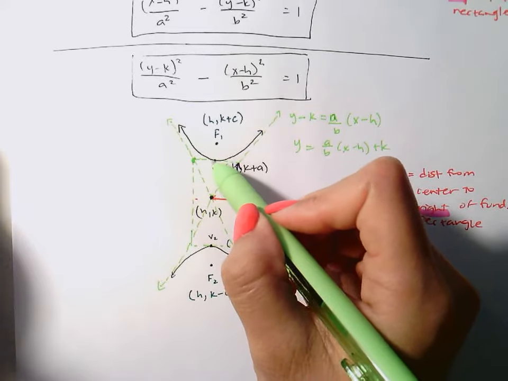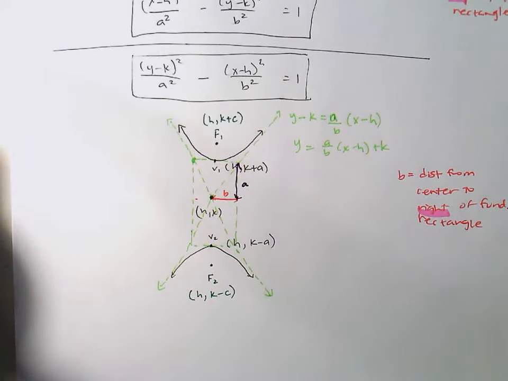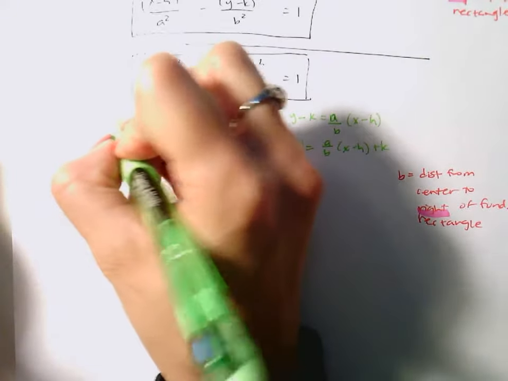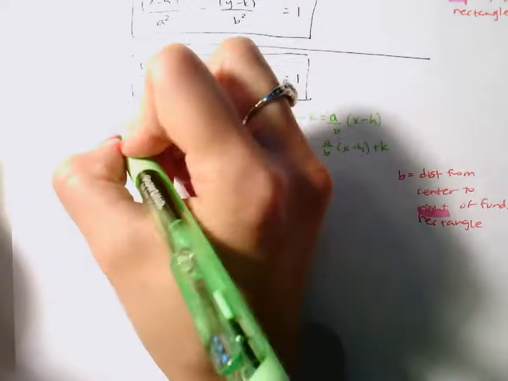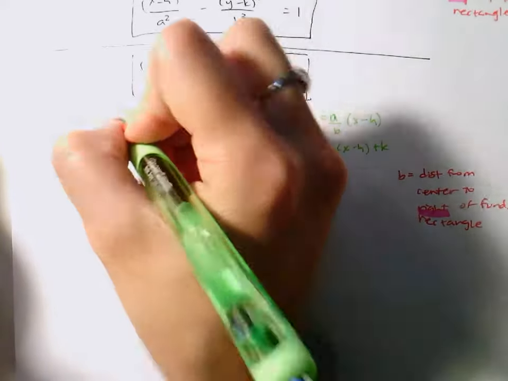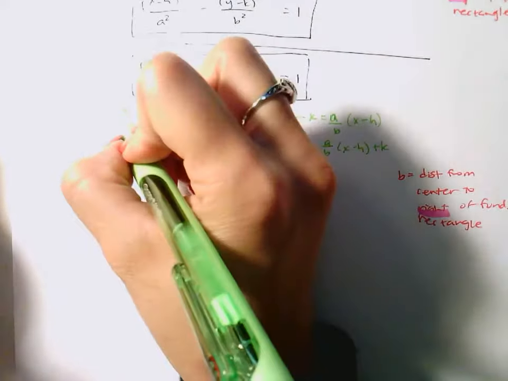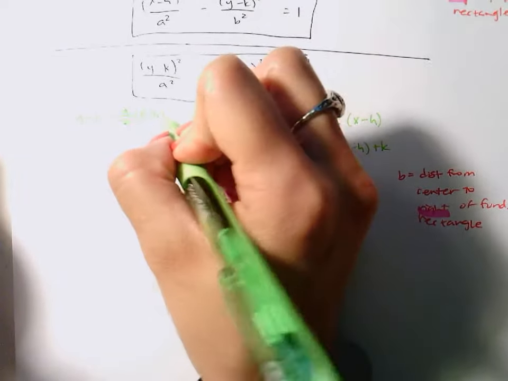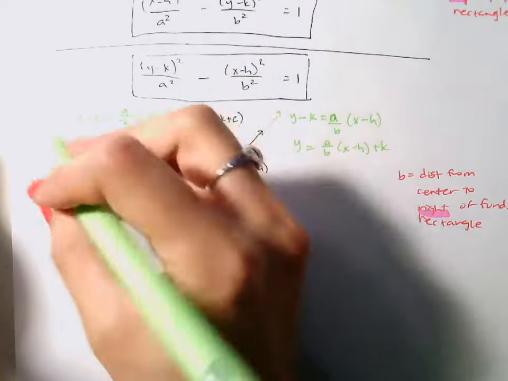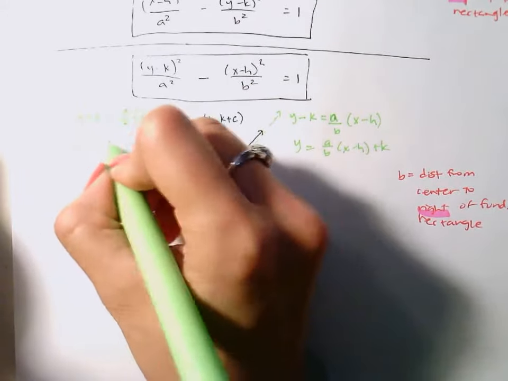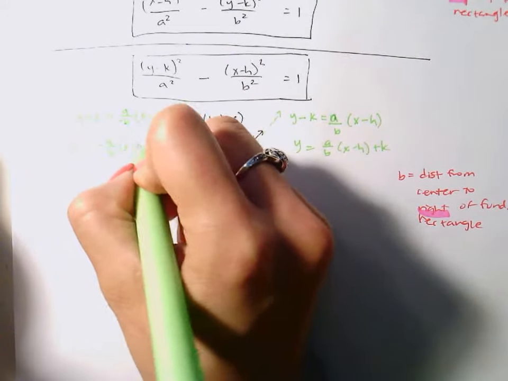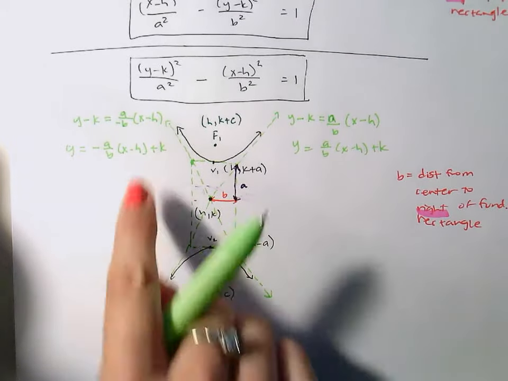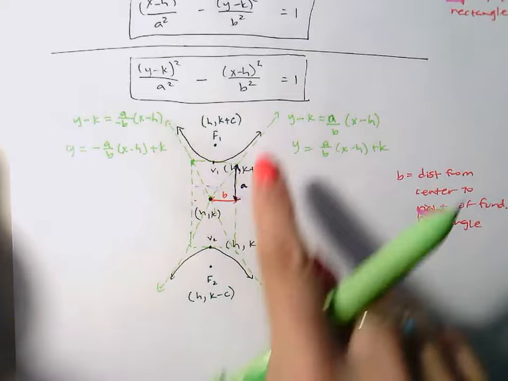Up by A and to the left by B. So y minus K is equal to m, rise is A over the run of B, and actually this one's negative because I'm going to the left, times x minus H. And then again, you can rewrite this if you wanted to: y equals negative A over B times x minus H plus K. So that's my equation of the asymptote going down.